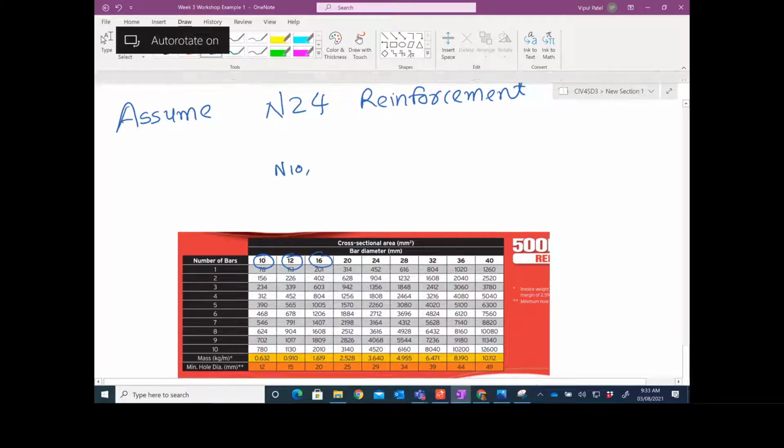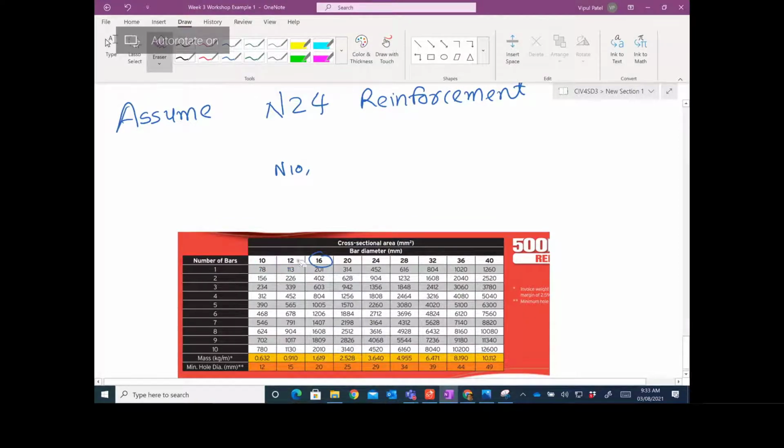Someone might say, okay, you forced me to do 24. Why not? I can use 10 millimeters. Well, you can use 10 millimeters, but what's going to happen is that if you put so many bars here like this, you have to make sure that when your builder casts the beam, it has enough room for the concrete to go through between the bars, right?